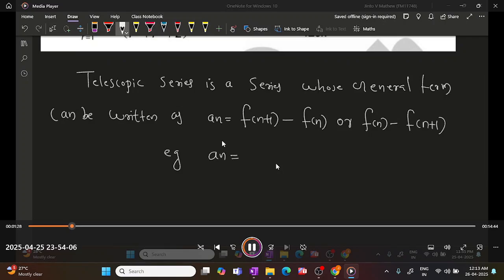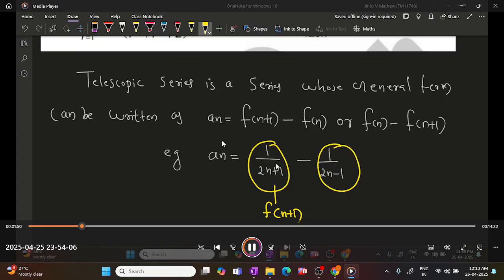a_n is equal to 1 by 2n plus 1 minus 1 by 2n minus 1. If we call this particular term as f of n plus 1, we can call this as f of n.